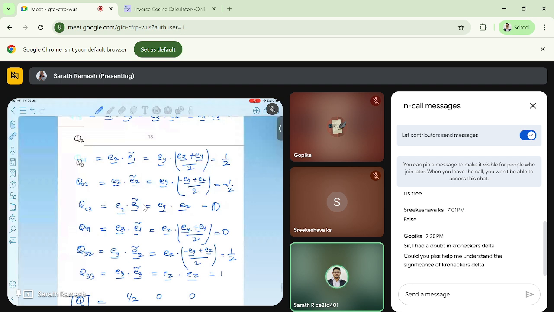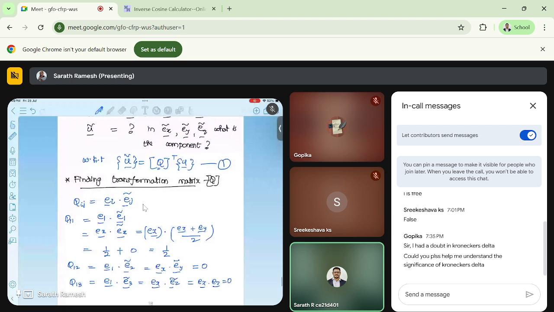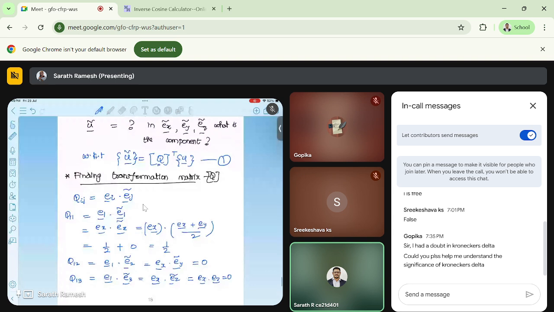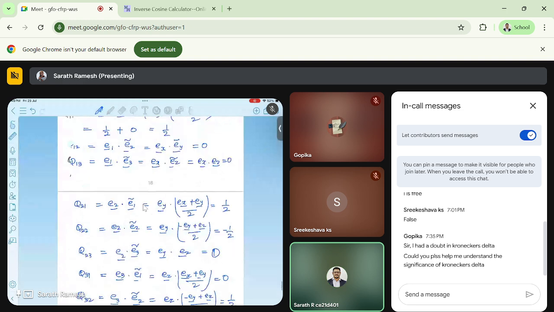So, substituting Q in 1, we say U tilde equals the matrix 1 by 2, 0, 0; 1 by 2, minus 1 by 2, 0; 0, 1 by 2, 1, and U is, they have given in the question, U is 1, 2 and 3, that's it.